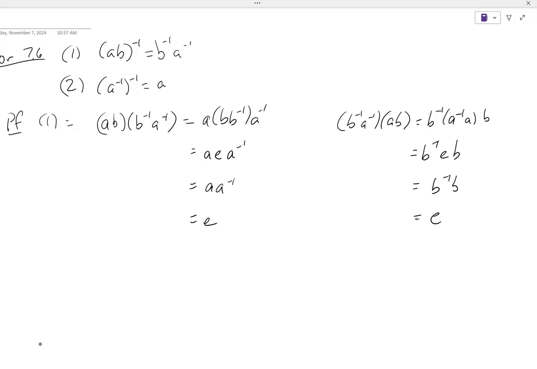Notice again, to show that something is an inverse, it has to work on the left-hand side and on the right-hand side. When we say for groups and for rings, when we say identity, we mean two-sided identity. When we say inverse, we mean two-sided inverse. There are structures in which you can have what we refer to as a left inverse, but not a right inverse.